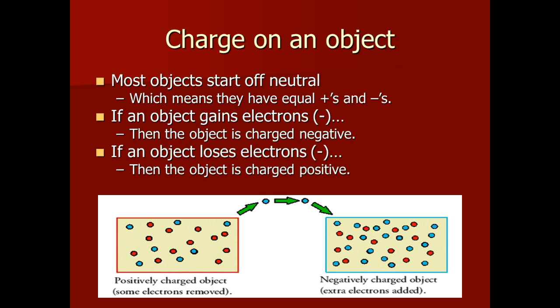So look at this example. We have a positively charged object. It's positively charged because it started neutral, but it lost some negative charge. The object that gained those negative charges now has more negative charges than positive charges.